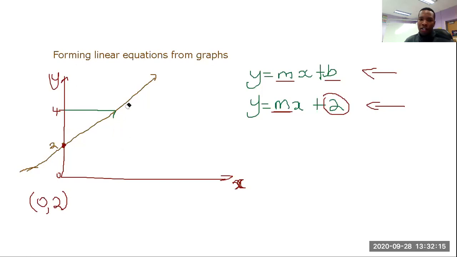Let me redraw this because it's not looking good. Green right here. And then let's put another one. Let's say 6. This is 6, y'all. And it goes over. And then here.